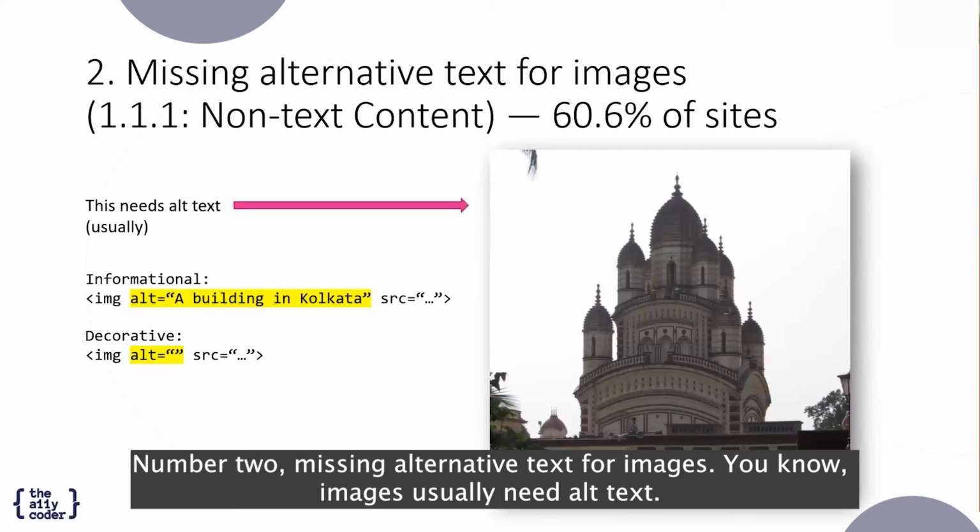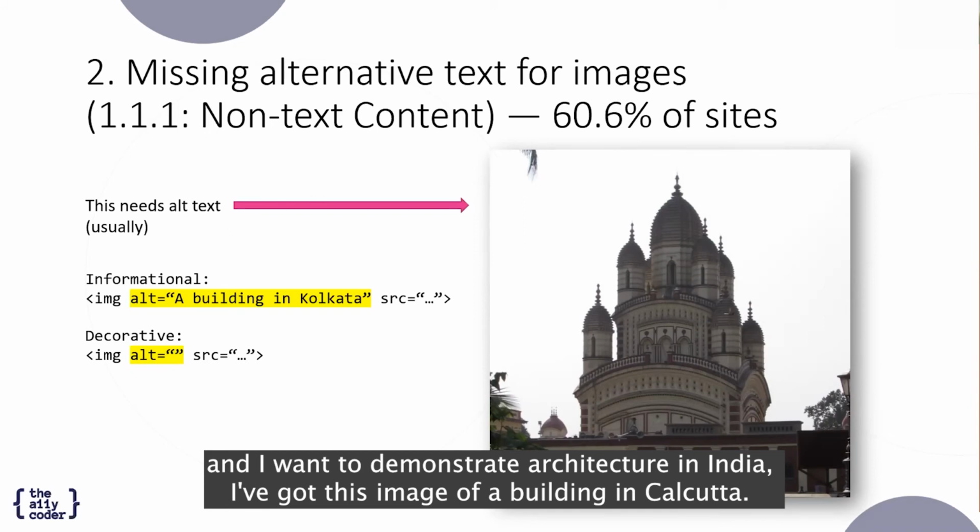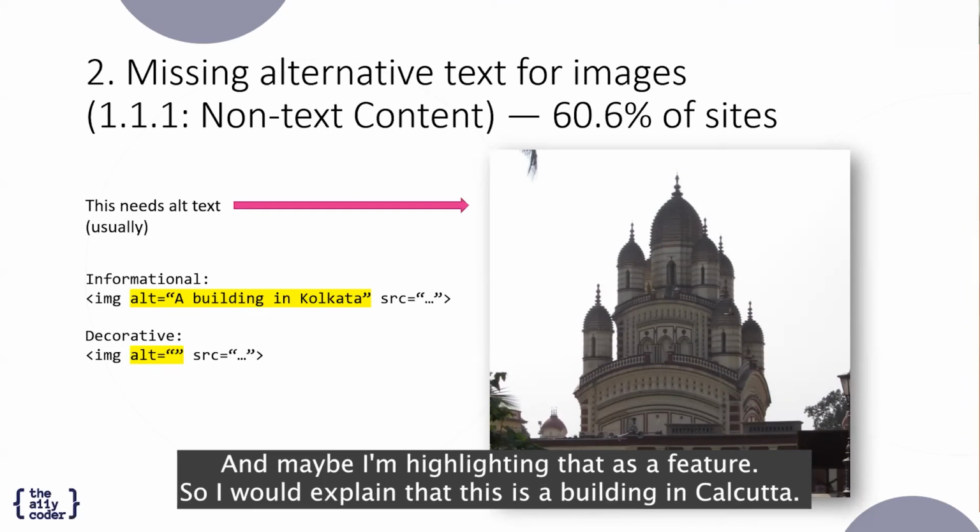Images usually need alt text. They always need the attribute. So if it's an informational image, for example, I've got an architecture page and I want to demonstrate architecture in India, I've got this image of a building in Kolkata, and maybe I'm highlighting that as a feature. And so I would explain that this is a building in Kolkata.